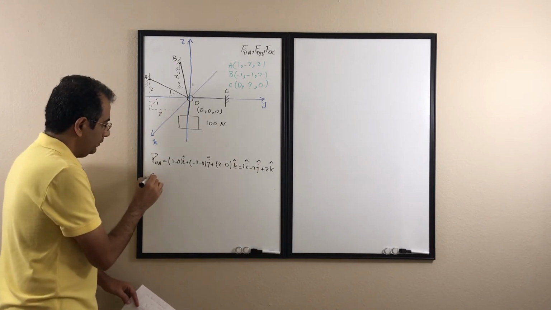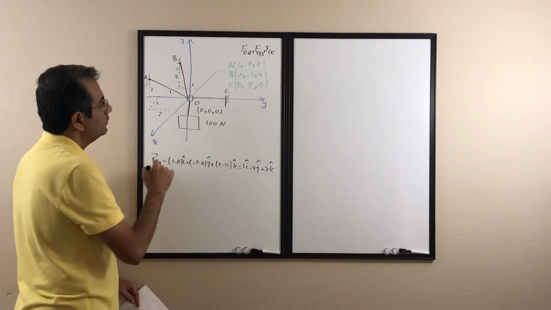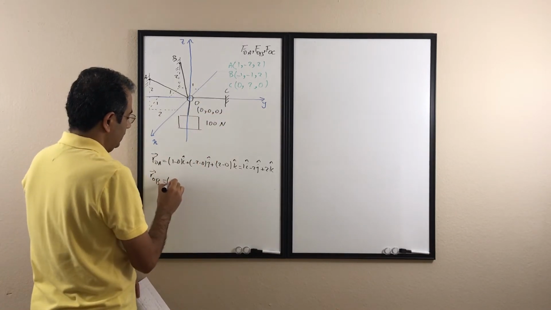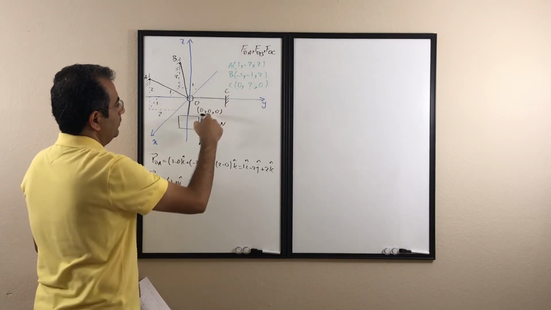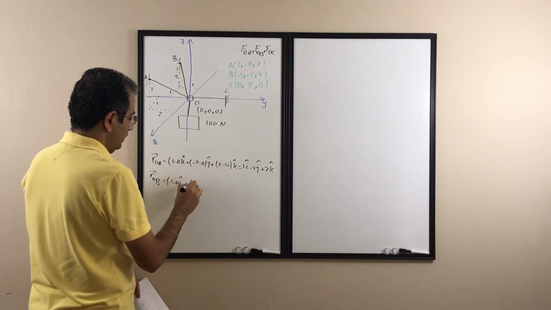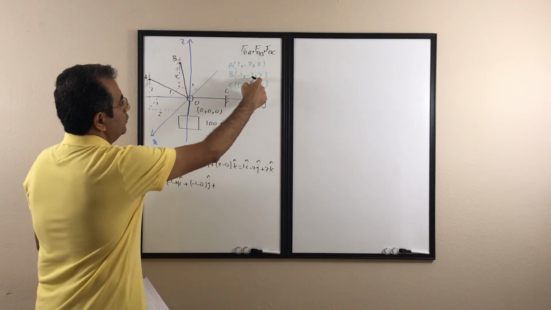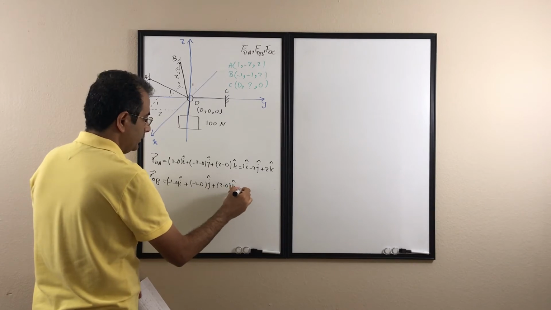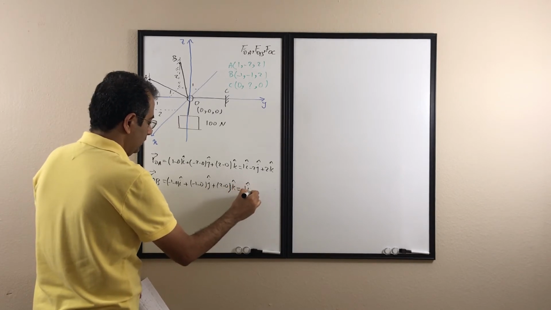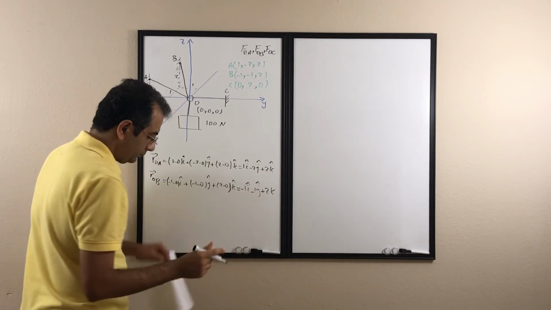The same for OB. So it's -1 minus 0 I and -1 minus 0 J plus 2 minus 0 K, which is going to give us -1I minus 1J plus 2K.